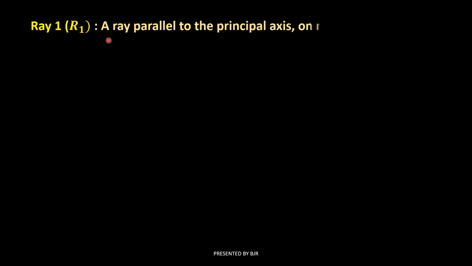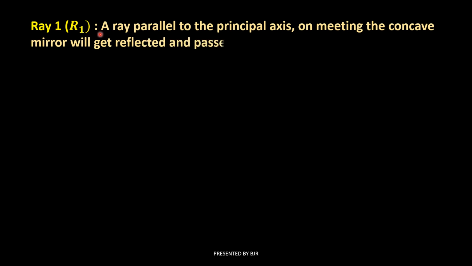So here is the first ray, that is ray 1. I am going to use this ray in drawing the ray diagrams. We need only 2 rays to draw all the ray diagrams. Ray 1, I already explained in our previous video: R1, a ray parallel to the principal axis on meeting the concave mirror will get reflected and pass through the focal point.